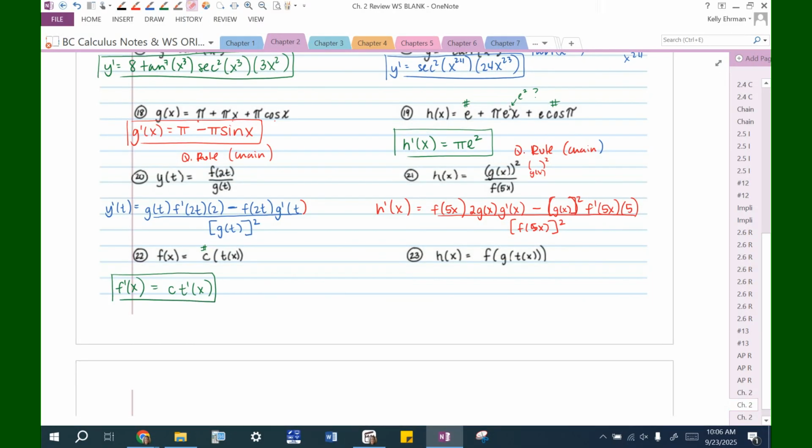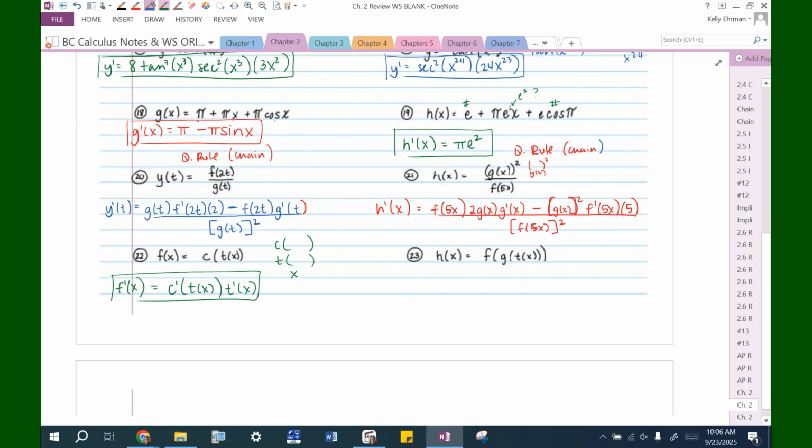Oh, no, wait, sorry. Maybe this isn't a constant. Maybe that's a function. It's not really that clear, is it? Okay, so let's treat that as a function. We have c of something, and then we have t of something, and then we have x. So c prime of t of x multiplied by t prime of x. Technically times 1. I don't have to write that, though.